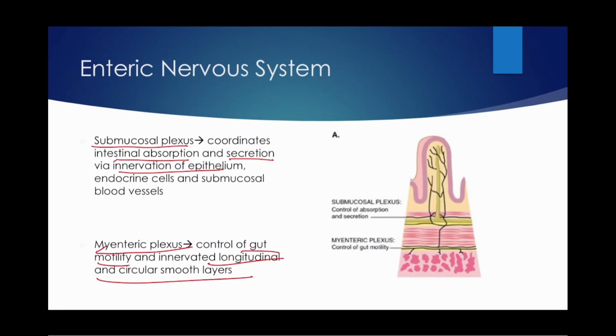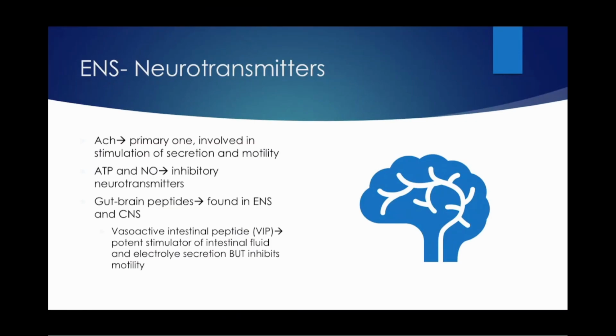So make sure you understand those two layers and what the nerves are responsible for in those layers. We do have neurotransmitters here as well. Acetylcholine is the primary one, for secretion and motility. Acetylcholine, parasympathetic or sympathetic? Parasympathetic, which is what? Rest and digest.